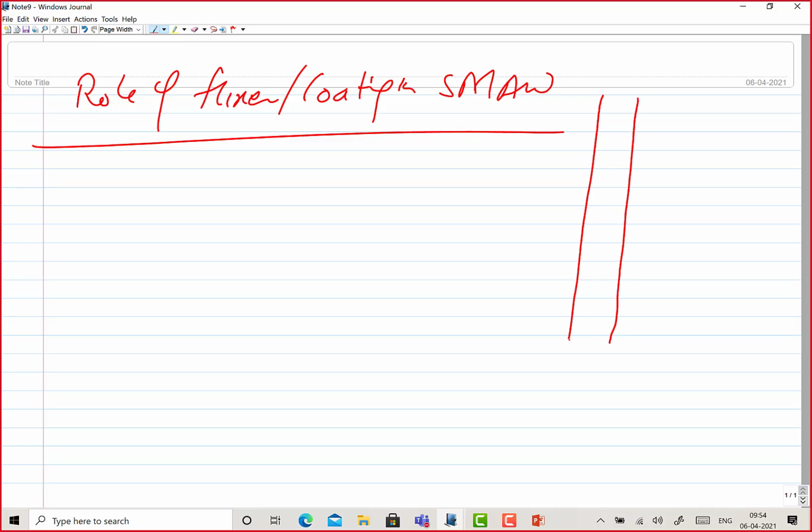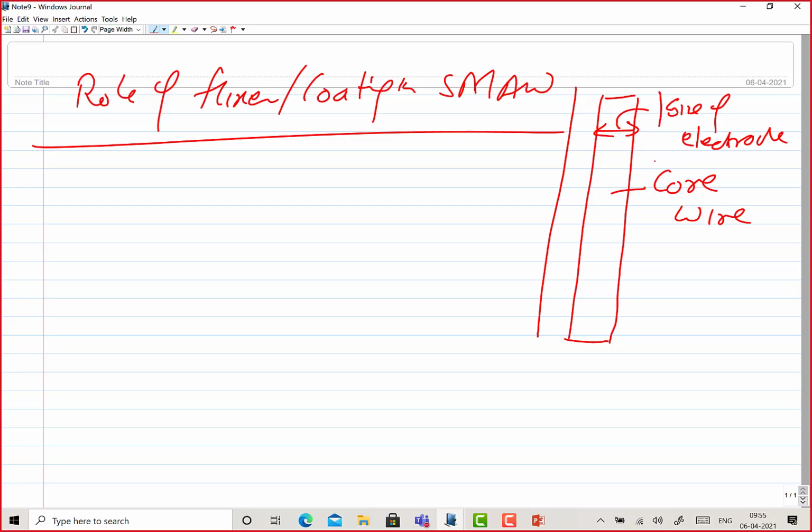In the electrode there is a wire that we call the core wire. Core wire size is known as the size of the electrode. The diameter of the core wire is known as the diameter or the size of the electrode. Then this core wire is coated with fluxes.